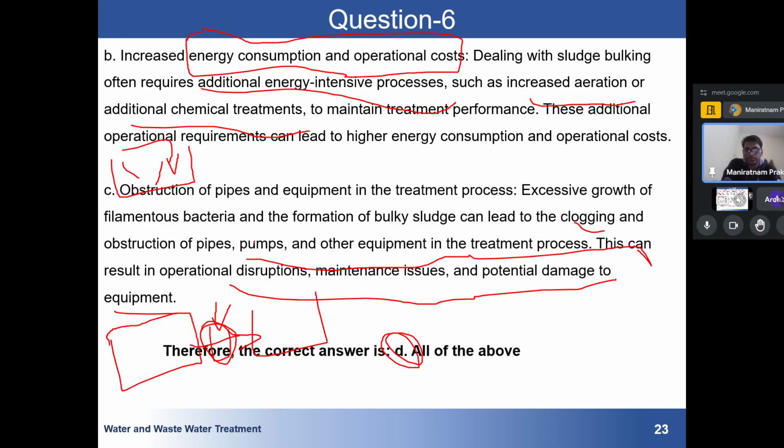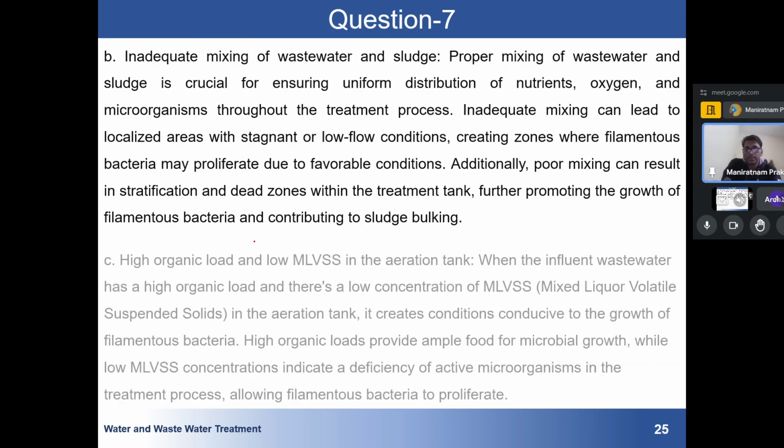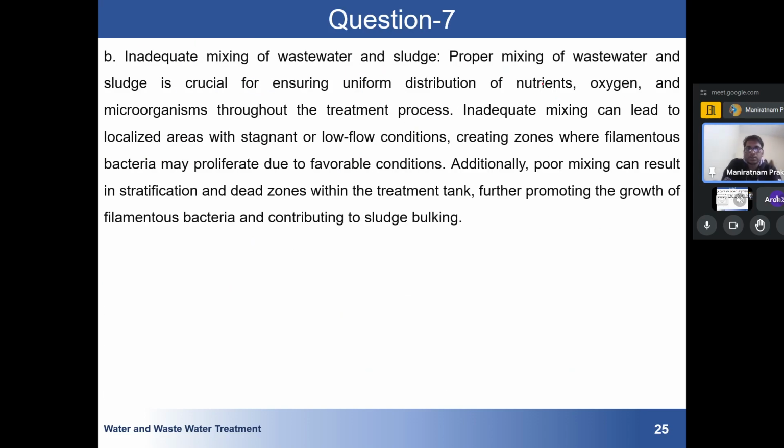So that's why it is said that inadequate mixing can lead to localized areas. It means in some particular area all the microbes will be there, and in some area there will be no microbes. This can also happen.